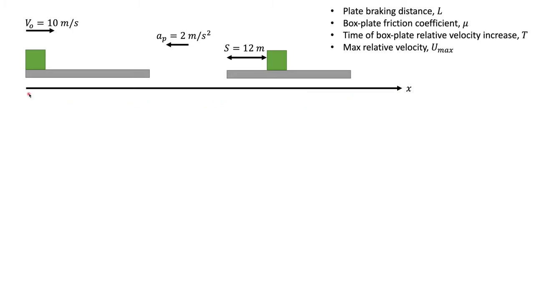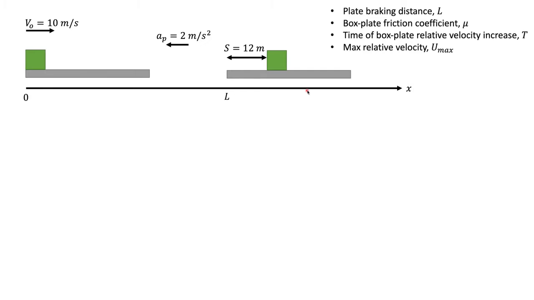The origin of this coordinate system will be at the left edge of the plate at the very beginning. And we find that the coordinate of the left edge of the plate at the end will be that braking distance L.